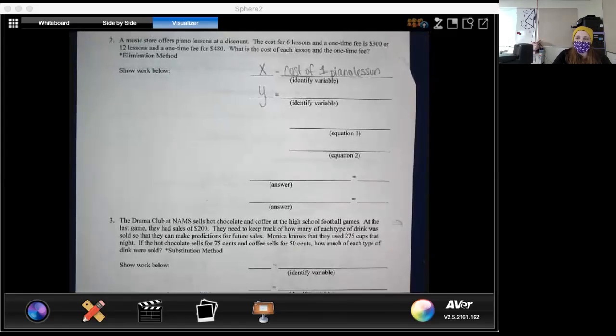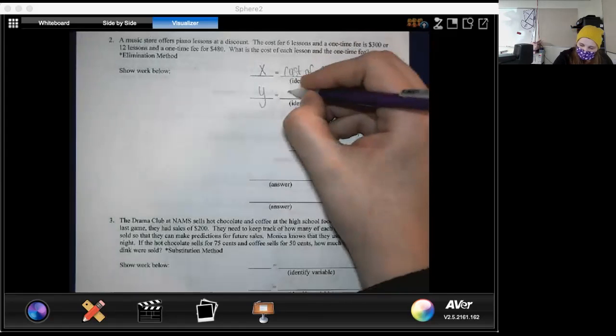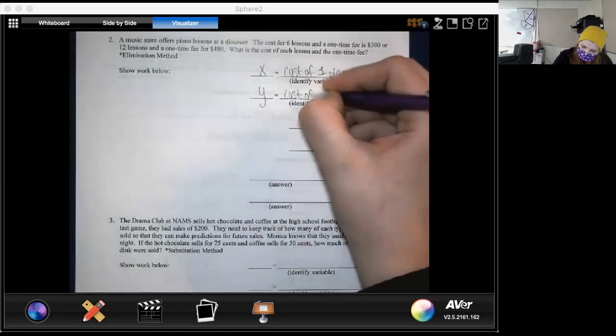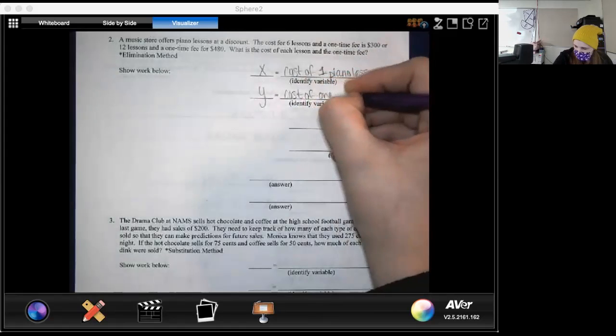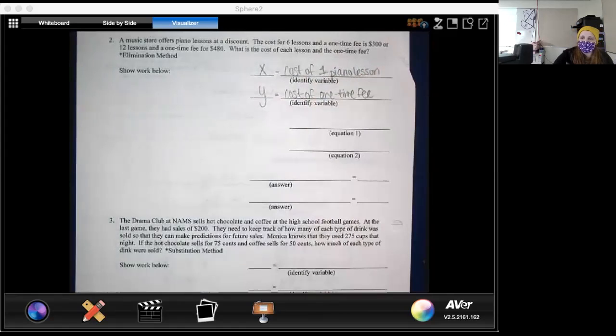What would not work is if you just put lesson, okay? Y, okay, cost of, price of, one-time fee. Okay, again, what would not work would be saying fee or one-time fee, okay? Again, we need something quantitative about it, so cost of, price of, either are great phrases to use.